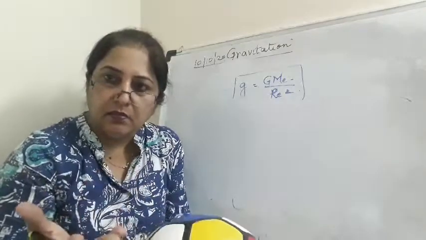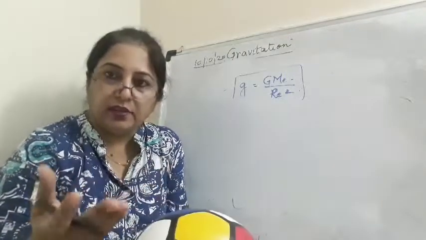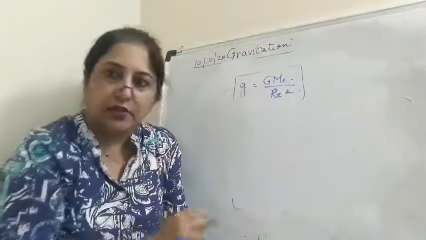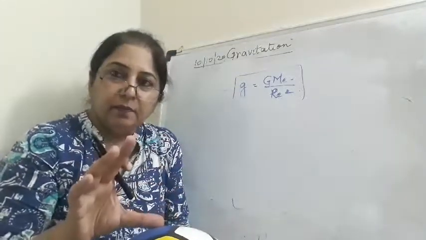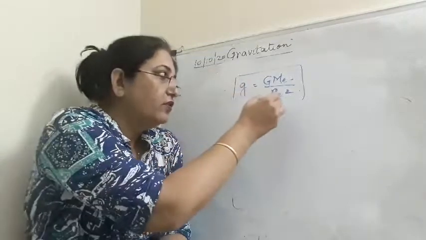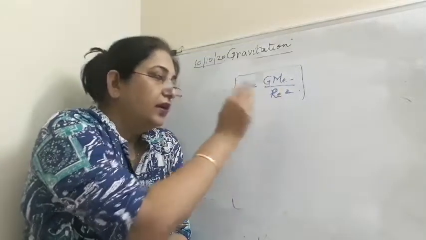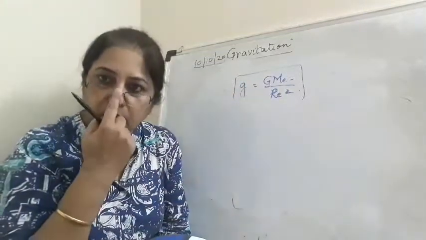Negligible means not noticeable. It will not affect your answer too much when we are solving this type of numericals. So therefore we ignore that and we take the distance of the falling object equal to the radius of the earth. Okay, did you follow what I'm saying?